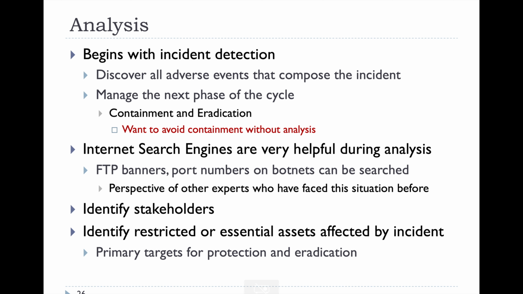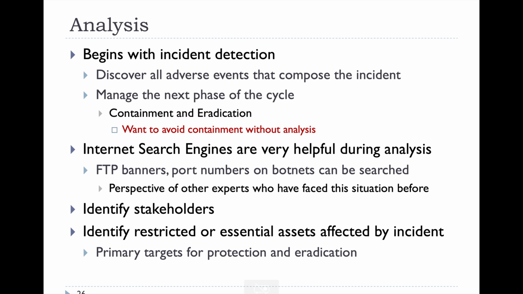I don't want to, for example, shut down this device and isolate this other device one by one, and only after that realize that it has been spreading over the whole subnetwork. If we took the time, we could have realized that it affected the whole subnetwork and just disconnected the subnetwork so that it doesn't go to another subnetwork. So that is the reason analysis is usually done before containment.